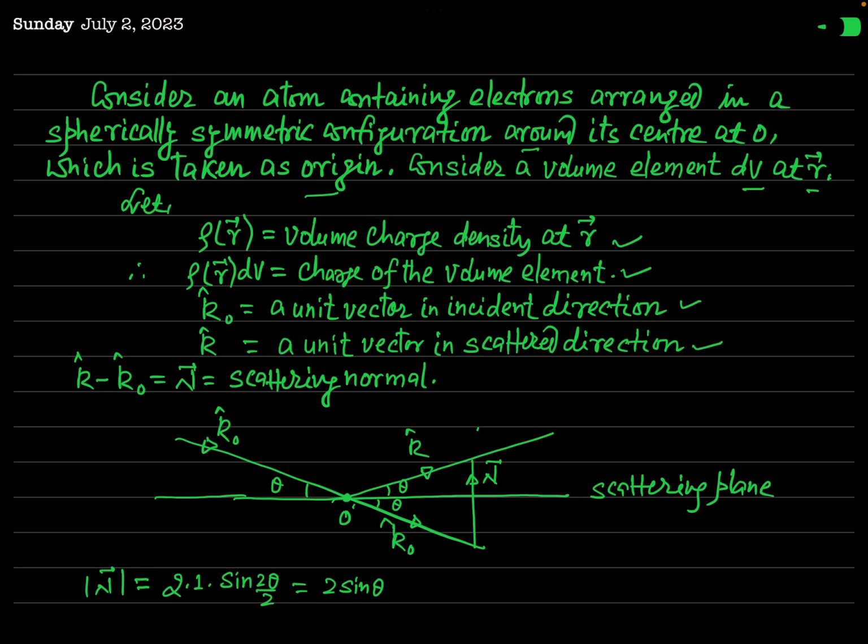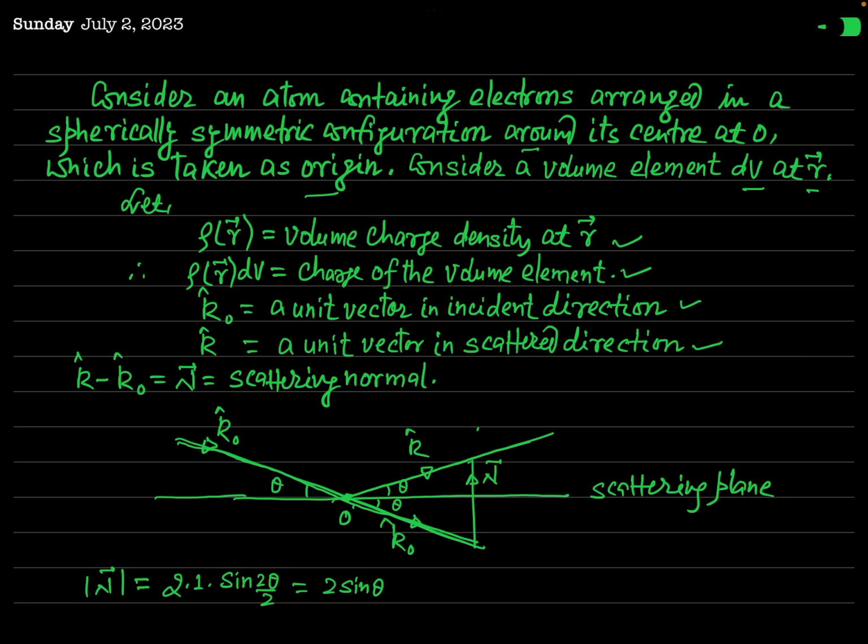And you can see this is your scattering plane, or you can say the reflecting plane, and this line represents the incidence direction, okay? And here this line represents the scattered direction, okay?